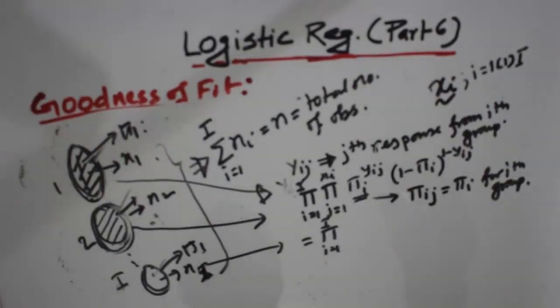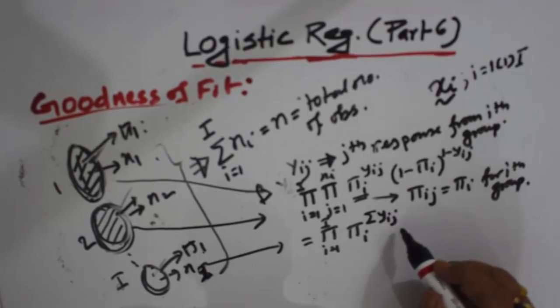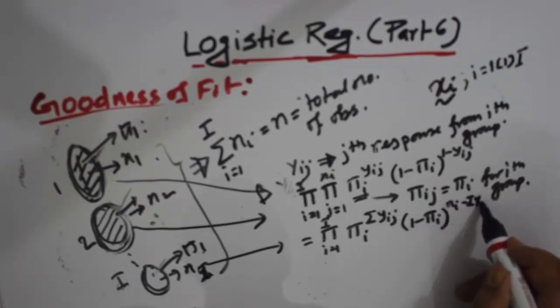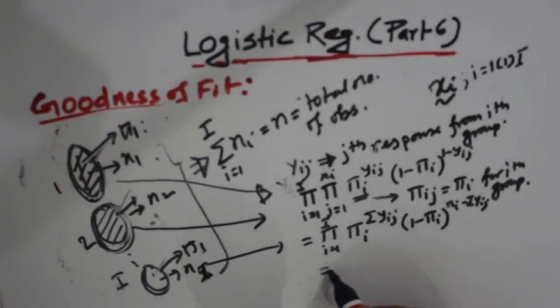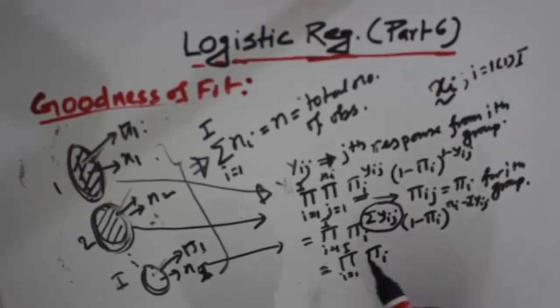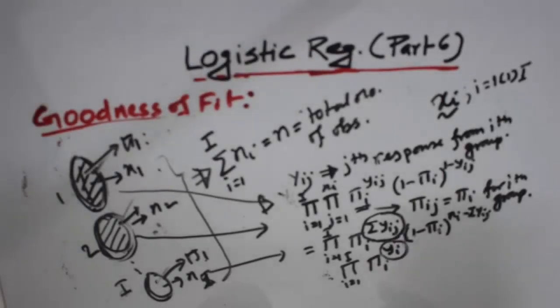So the product over i from 1 to capital I of pi i to the power sum over yij, times 1 minus pi i to the power ni minus sum over yij, and this is nothing but yi, because for the ith group the sum over yij is equal to the number of successes, or number of ones, in the ith group.